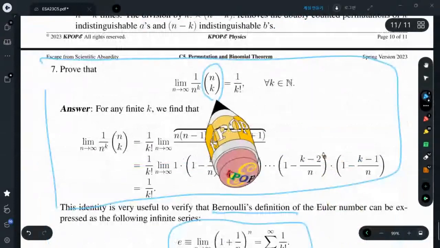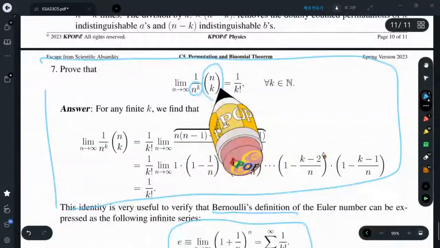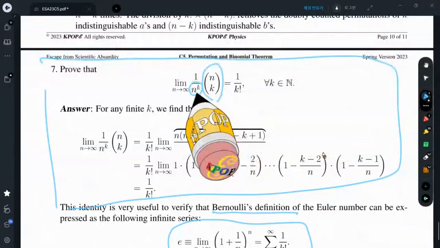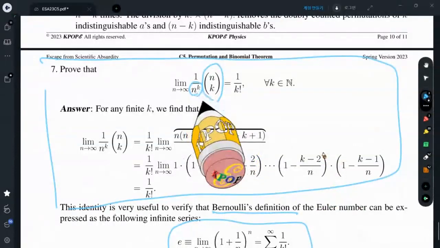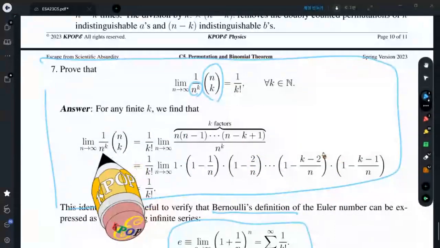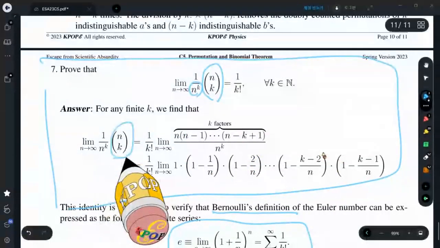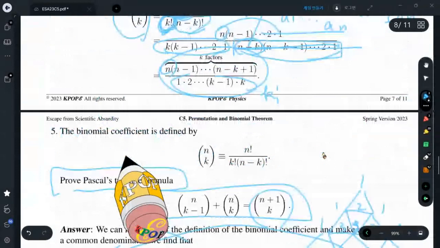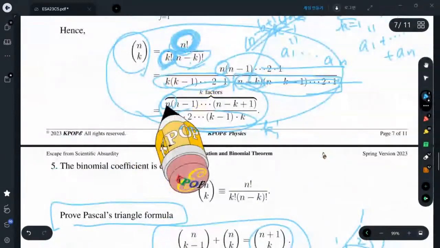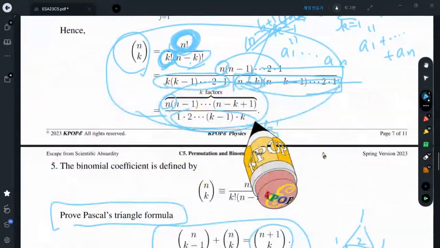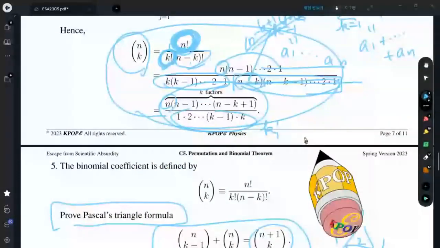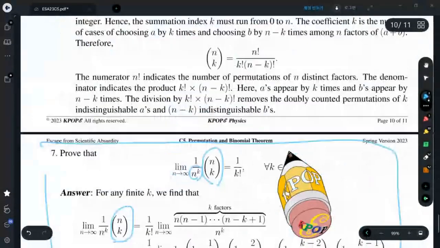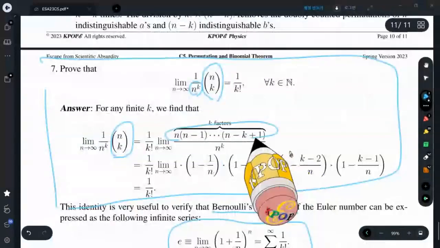And then I would like to divide this one by n to the kth power. Let's write it. We have just shown that this binomial coefficient is this divided by k factorial. Therefore, we have this divided by k factorial.